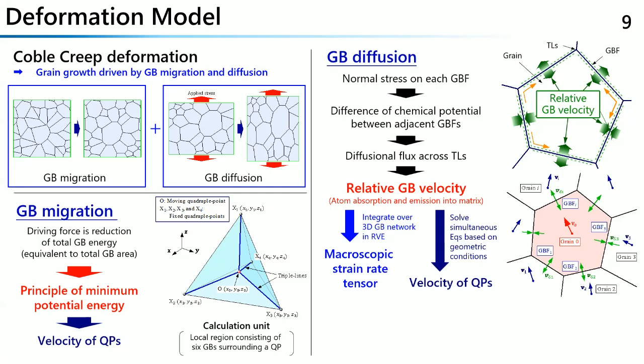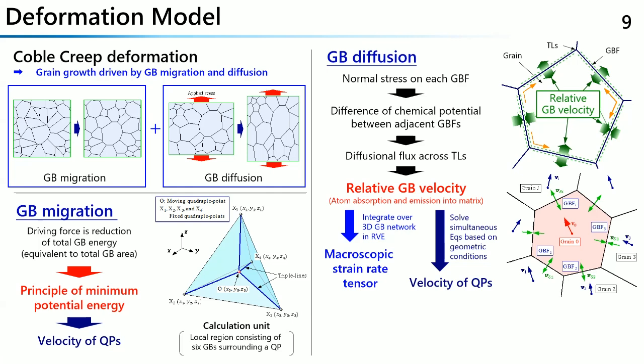calculation unit. For grain boundary diffusion, first, from the normal stress on each grain boundary facet, we evaluate the chemical potential of each grain boundary facet. And then from the difference of the chemical potential between adjacent grain boundary facets, we evaluate the diffusion flux across the triple lines.